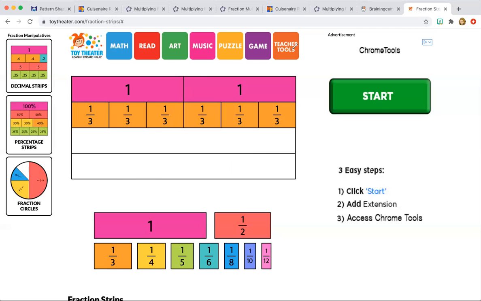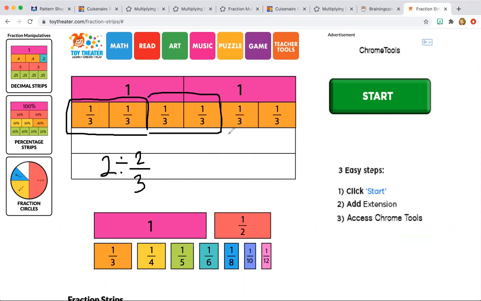reciprocal. But now what I want you to think about is, well, what if it wasn't 1/3, but what if it was 2/3? So what if we had 2 divided by 2/3? Well, we want to use that same reasoning. Here's one group of 2/3, another group of 2/3, and a third group of 2/3.